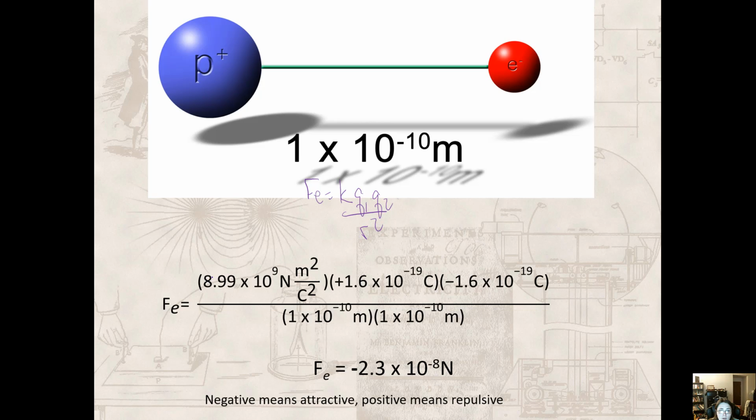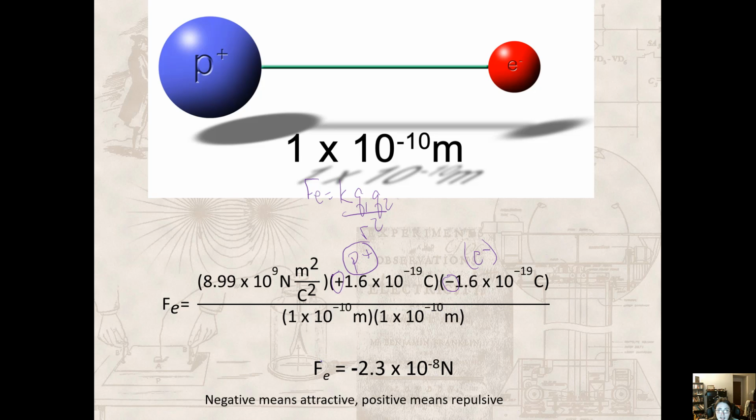And if we plug it in, we see K is 8.99 times 10 to the 9th newtons meter squared per coulomb squared, times a positive 1.6 times 10 to the negative 19th coulombs times a negative 1.6 times 10 to the negative 19th coulombs. Remember, this is for the electron, and this is for the proton. So that's why it's positive and negative. So then that's divided by 1 times 10 to the negative 10th times 1 times 10 to the negative 10th.